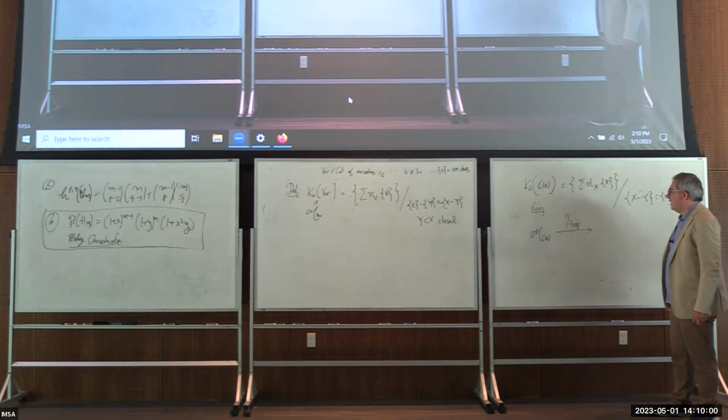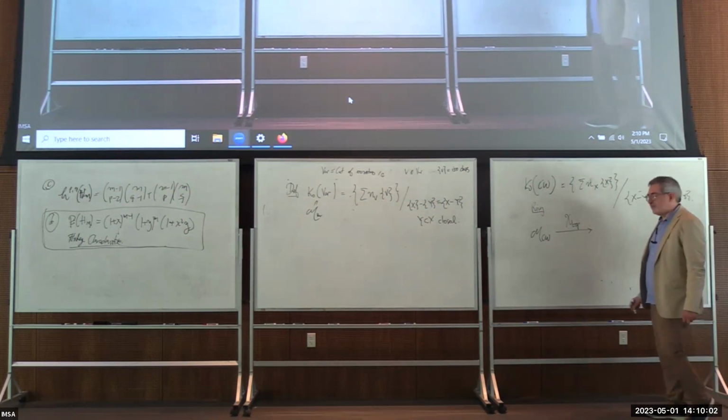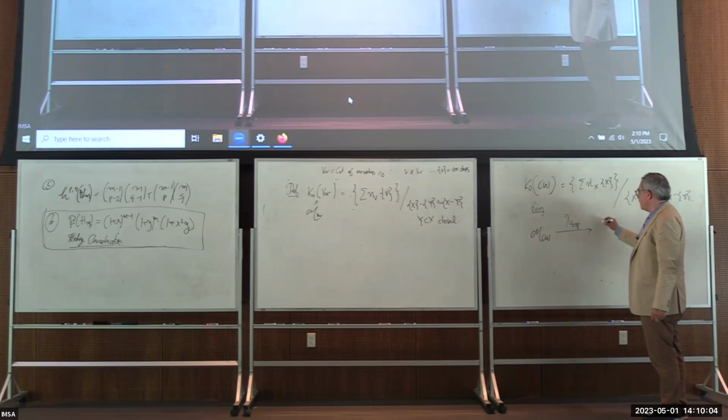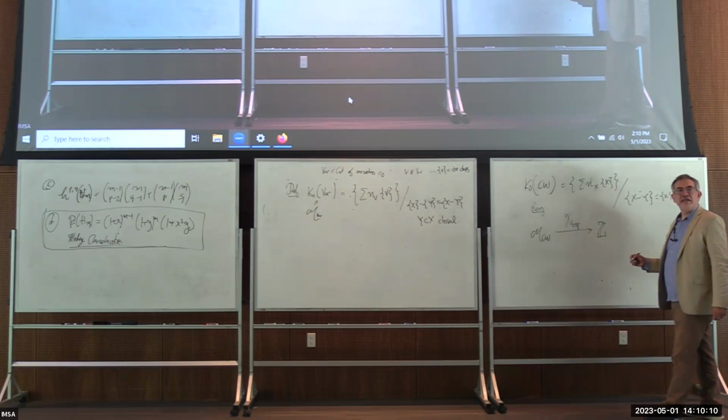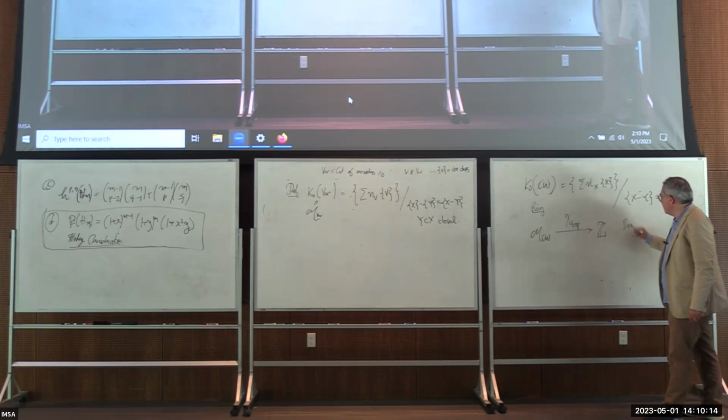And here it starts to get fun. This goes to Z or whatever, and this is a ring homomorphism. The Euler characteristic is a ring homomorphism.